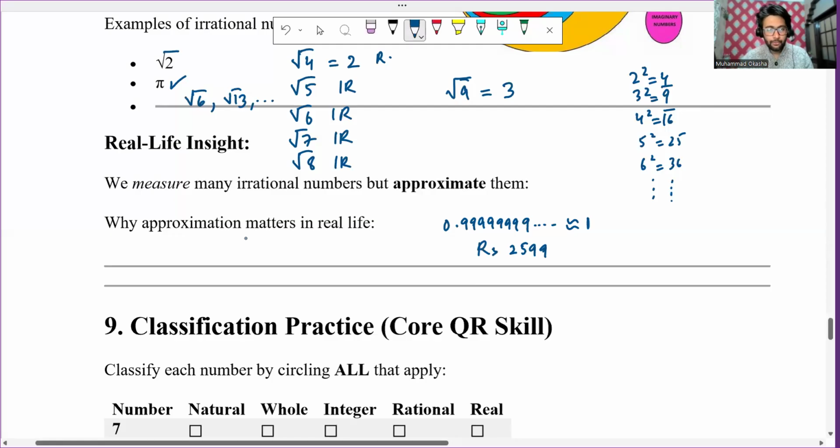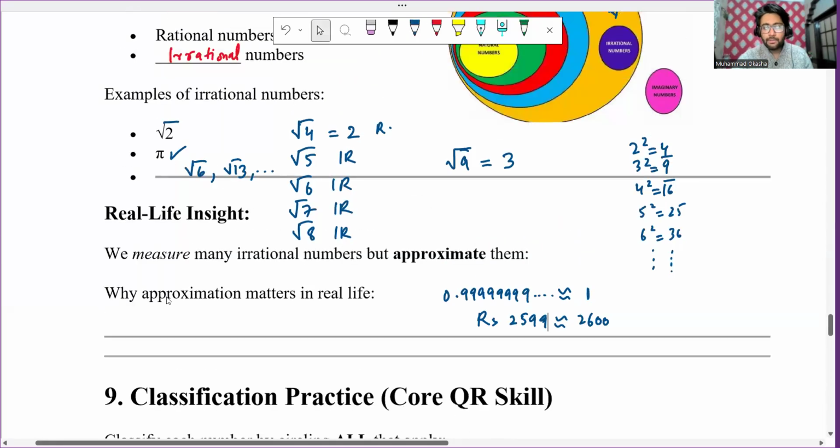Am I going to pay 2599? Of course not. I'm going to pay 2600 for it. So this is an approximation. 2599, of course, is not equal to 2600. This is why I did not put an equality sign. I put this sign which is called approximately equal to, or roughly equal to.